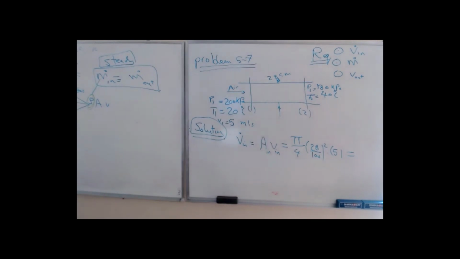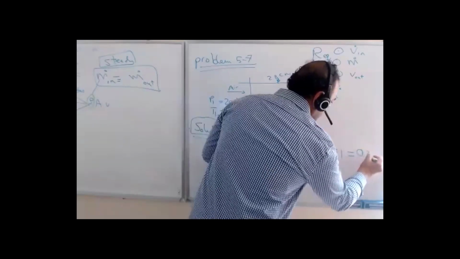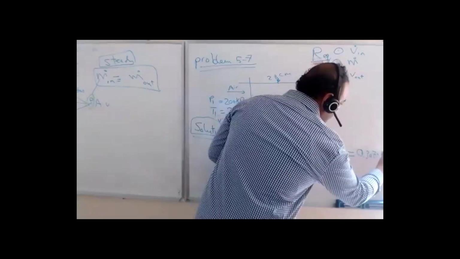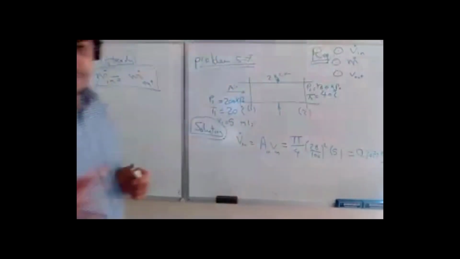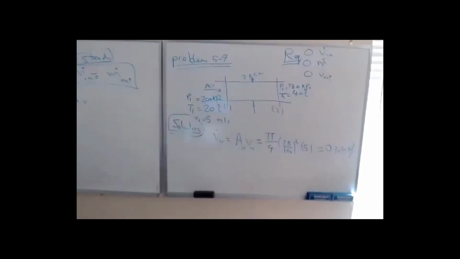Pi over 4 times 28 over 100 square, to be in meter, times 5. Make sense? 0.3079 meter cube per second. Make sense, guys?